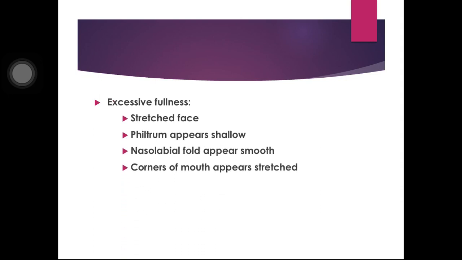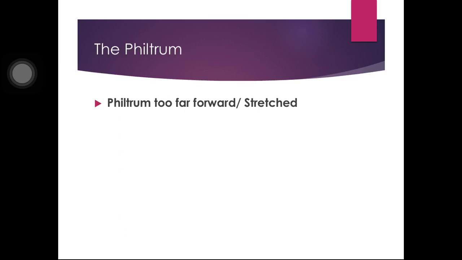In another situation, if there is excessive fullness or excessive thickness of the labial portion of the wax rim, there will be a stretched face. The philtrum appears narrow or shallow, the nasolabial fold appears smooth, and corners of the mouth appear stretched. The correction of this problem is done by removing the wax.